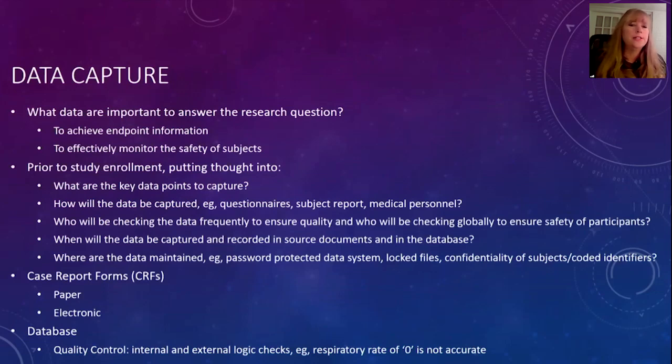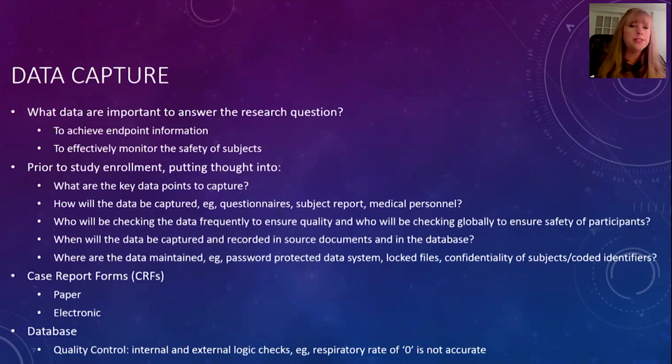One of the most important issues to tackle and think about when developing a protocol is figuring out how you are going to obtain the information you need on the study. In particular, how will data be captured? Because obviously, how data are collected and ensuring that it is collected accurately is of utmost importance in order to achieve the ability to analyze the data and the objectives that you have outlined in the protocol.